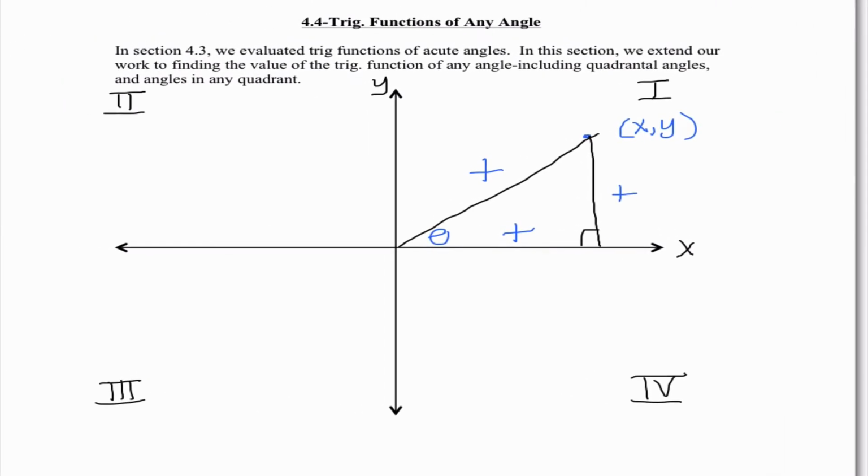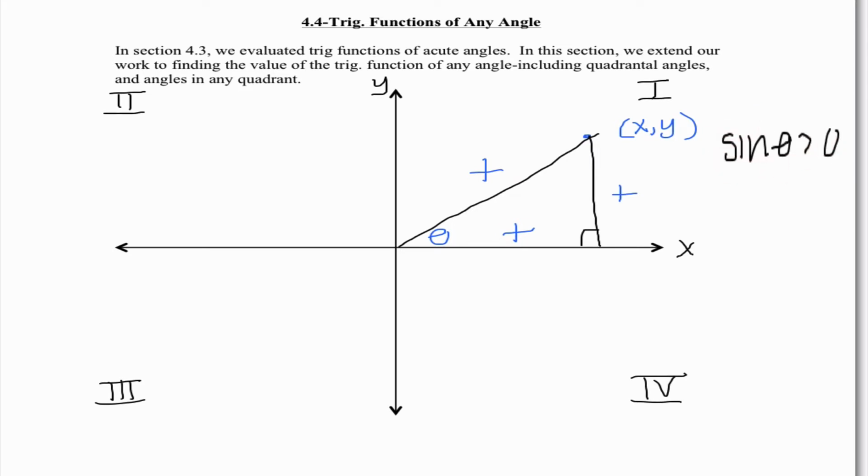So if we think about this, some things I want to point out in quadrant 1, sine is greater than 0, and all this means is that the sine value is going to be positive. The reason why it is positive is because sine is opposite over hypotenuse, which would be positive over a positive, which gives us a positive ratio.